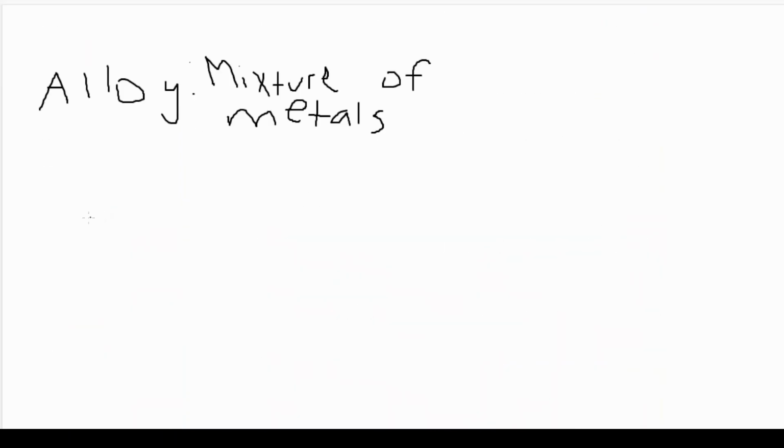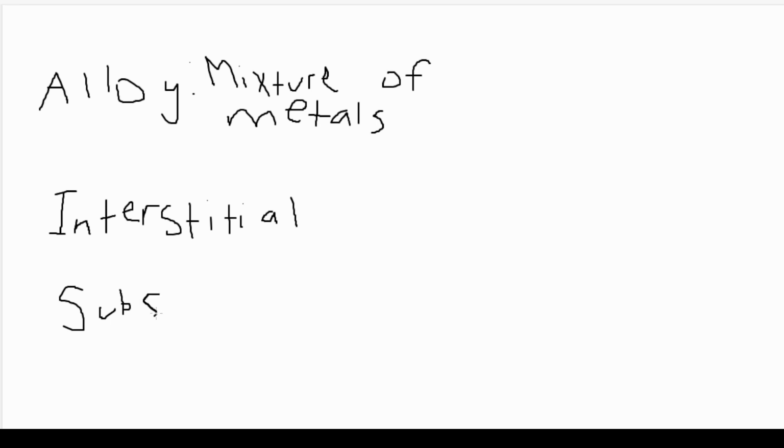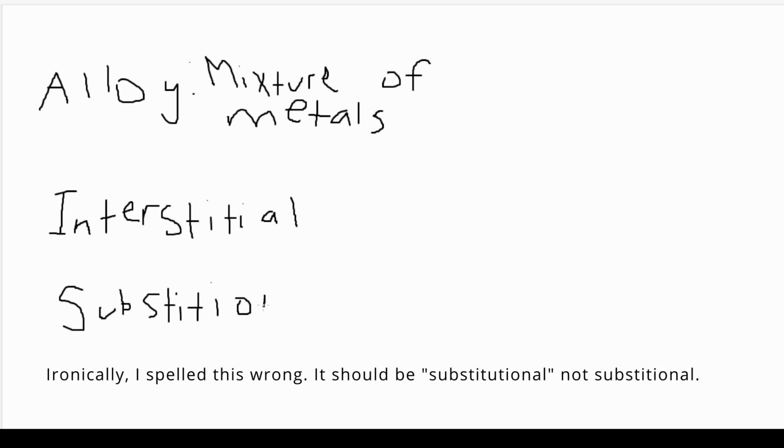As far as alloys go, you also need to know the two different types. The two types are interstitial, which is spelled like this, and substitutional, which is probably a little easier to spell. The main difference between the two types of alloys is the size of the component atoms.